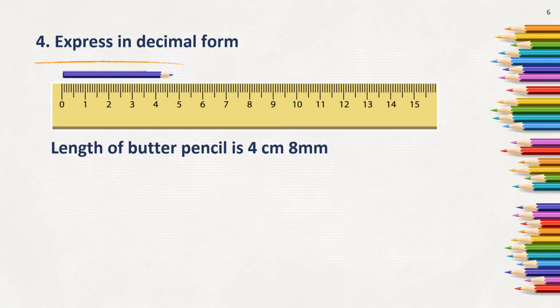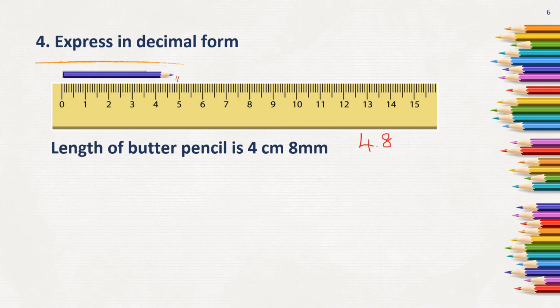There are 2 more millimeters left for the pencil to reach 5 centimeters. If it had reached 2 more millimeters, we would have written 5 centimeters only. As it is less than 1 complete whole, we will write it in decimal form.